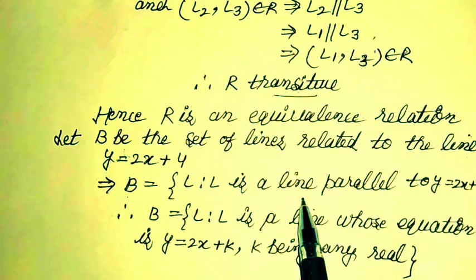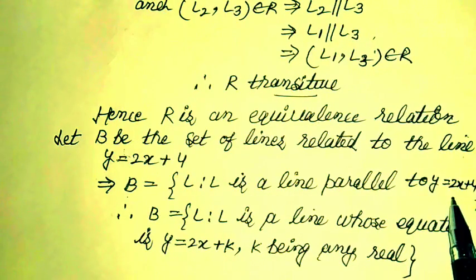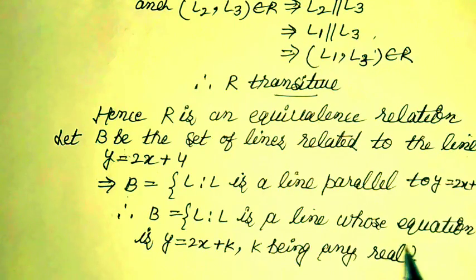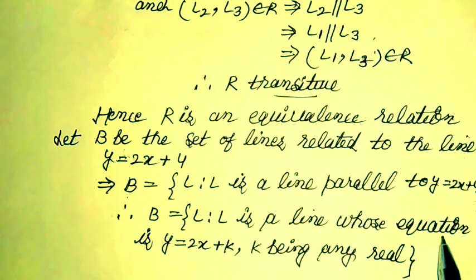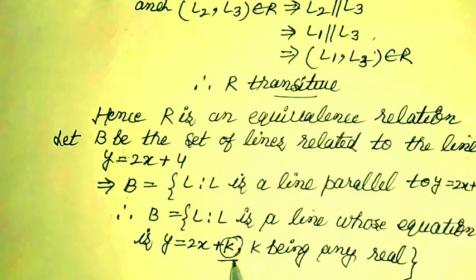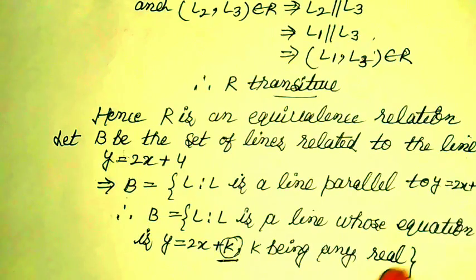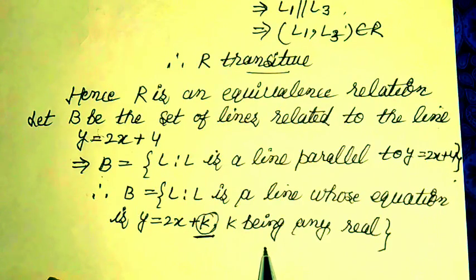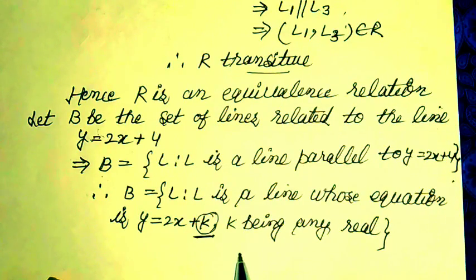If any line is parallel to this, we can put a constant k here, because that value will change according to the condition. So it is the set of all lines related to y equals 2x plus 4.